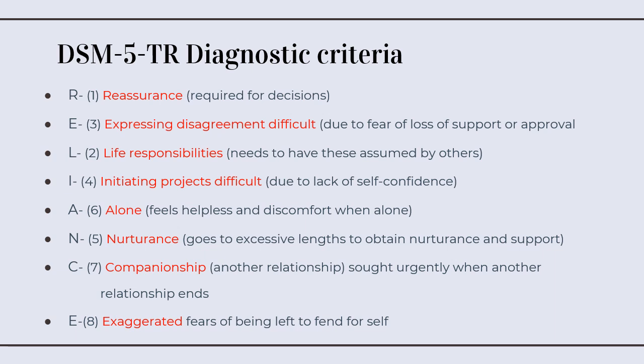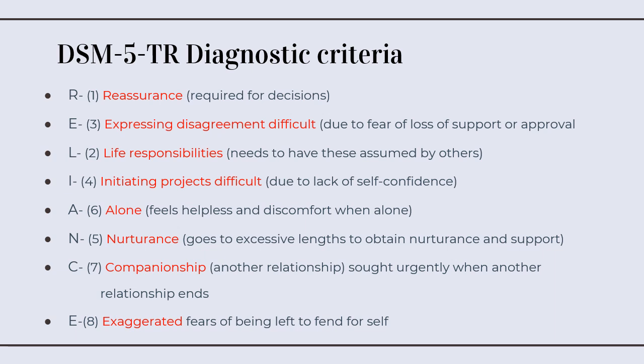Then we have L, which is diagnostic criterion 2, which is needs others to assume responsibility for most major areas of his or her life. Then we have I, which is diagnostic criterion 4, which is has difficulty initiating projects or doing things on his or her own because of lack of self-confidence in judgment or abilities rather than lack of motivation or energy.